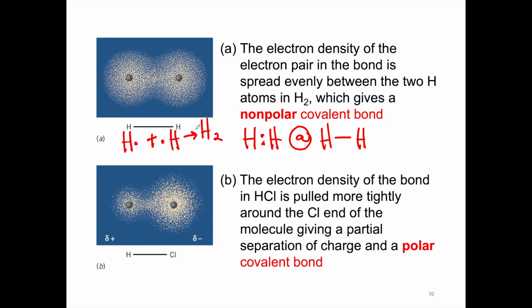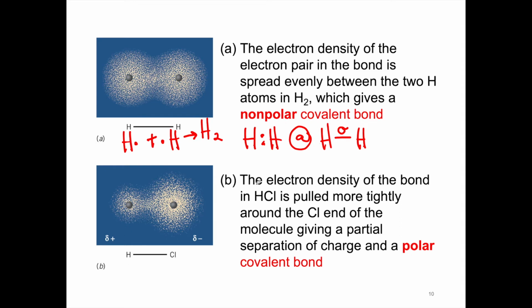So the electron density of the electron pair in the bond is spread evenly between these 2 hydrogen atoms in H2, which gives a non-polar covalent bond, and this is where we have the sigma bond. Why is this called non-polar? Because we don't have any difference in electronegativity.